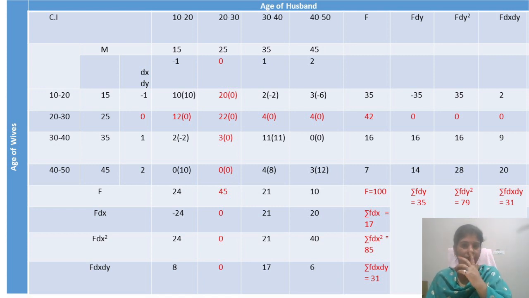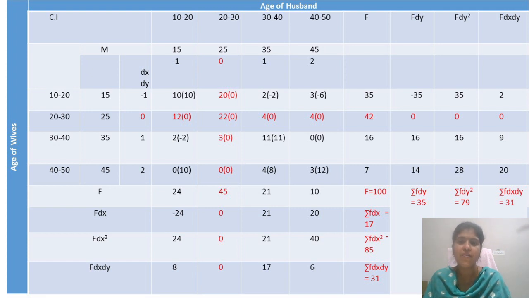Now same way we have to do it for the column, age of husband's column. fdx: frequency into dx, minus 1 into 24, minus 24, 0 into 45, 0, 1 into 21, 21, 2 into 10, 20, total 17.